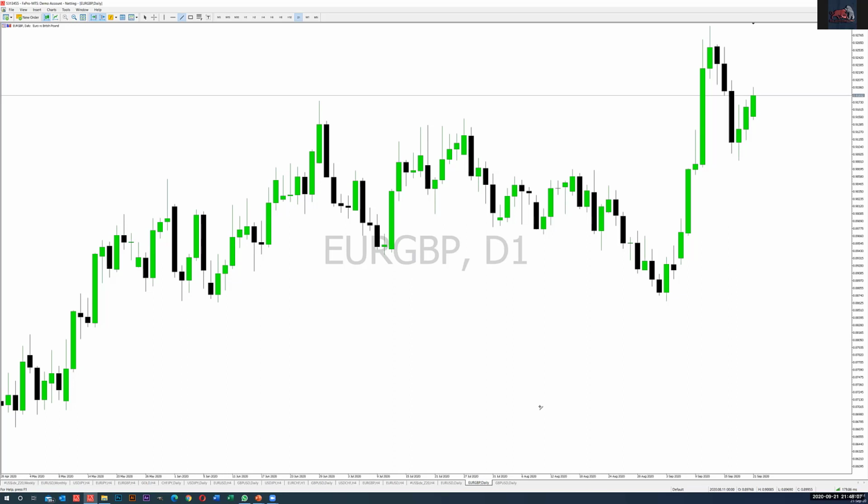That means you're going to have to be patient. For instance, see Euro GBP today. Today is Monday, right? Look at today's price action on Euro GBP, especially the opening price. You see where the opening price is and Friday's closing price. It means the market opened with a gap. Can you see that?